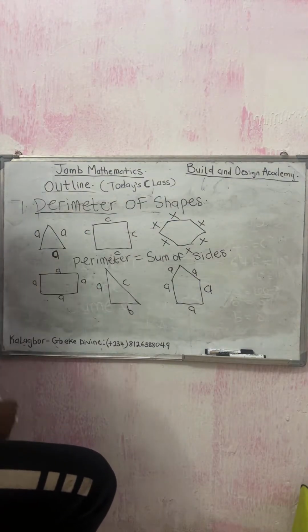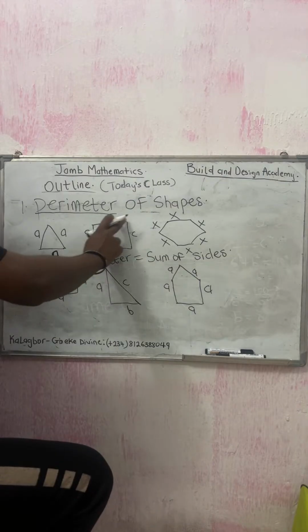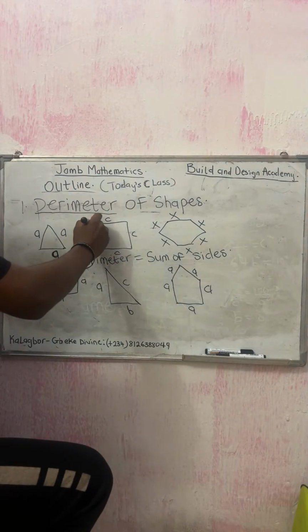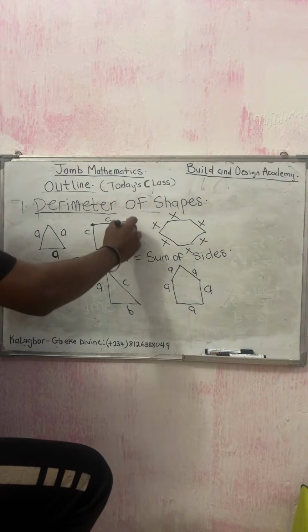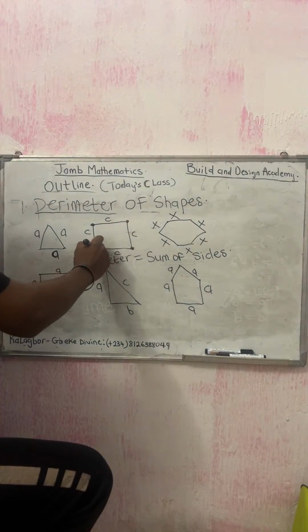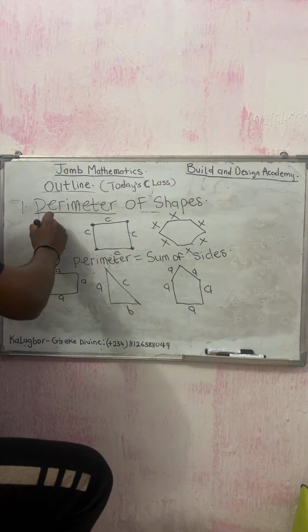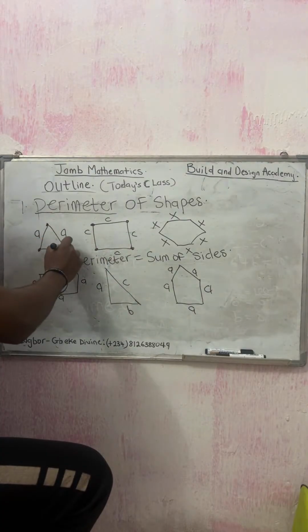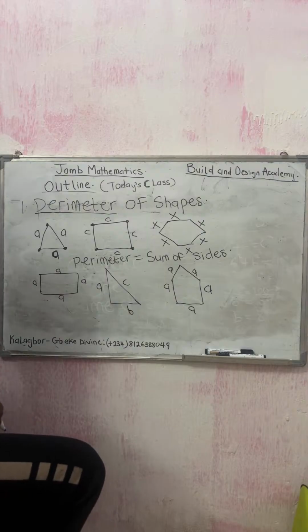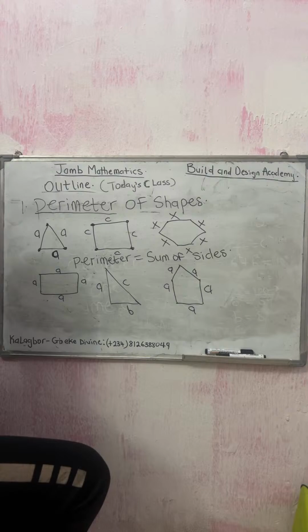Similarly for this square, if you add the length from this point to this point, and from here to here, and from here to here, the total added will form the perimeter. Take note, the perimeter is the total distance covered around the outside of a 2D shape.